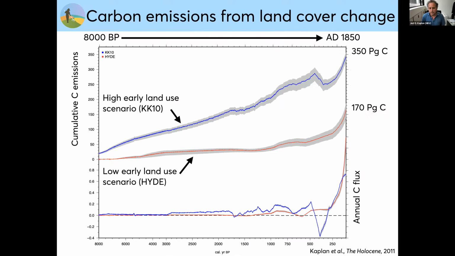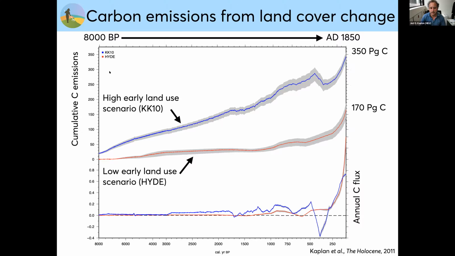We used these two different land use scenarios to drive a global carbon model that simulates the emissions of carbon through the clearance of forests and the transformation of landscapes caused by people.